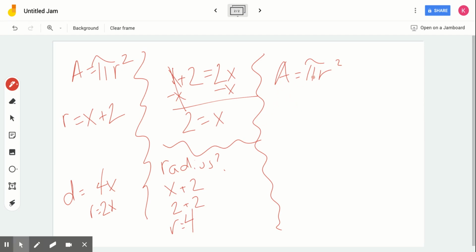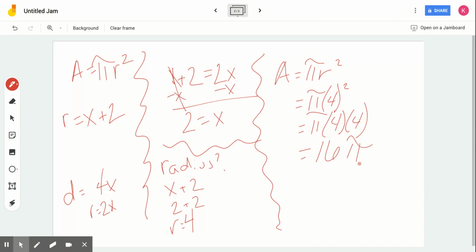So area is equal to pi r squared. We have the radius of 4. We should know that 4 squared is like 4 times 4. 4 times 4 is 16. So we could say that the area of this is 16 pi.